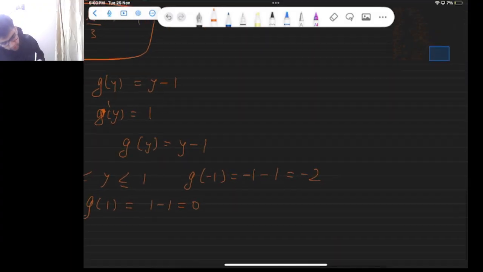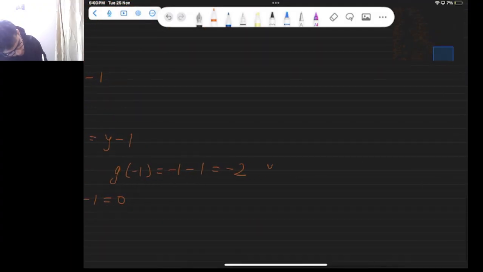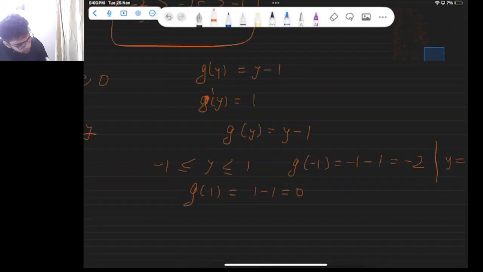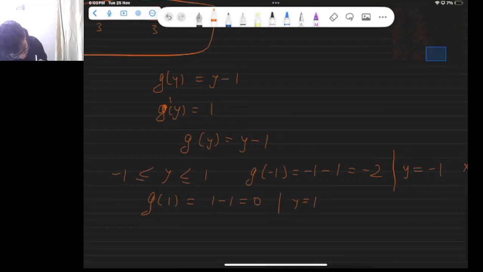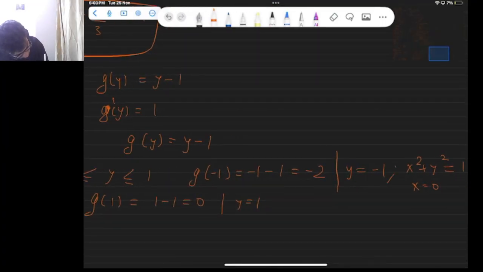Now when y is equal to negative 1, x square plus y square equals 1 tells us that x is equal to 0. And when y is equal to 1, x square plus y square equals 1 tells us that x is again equal to 0, right?